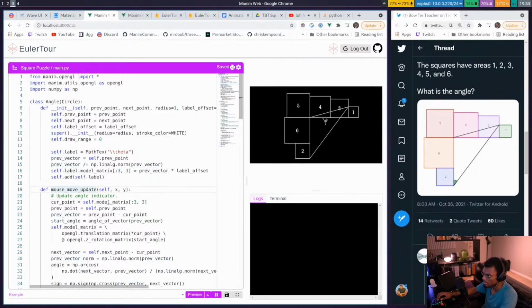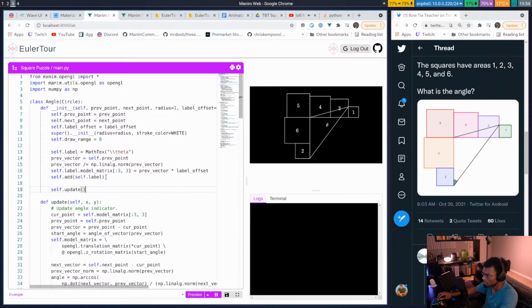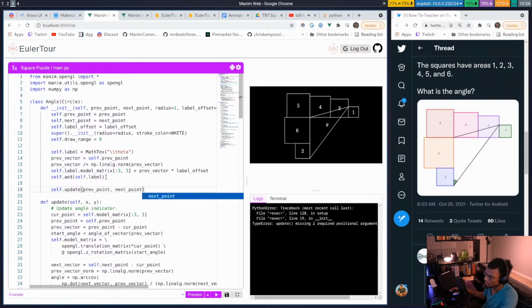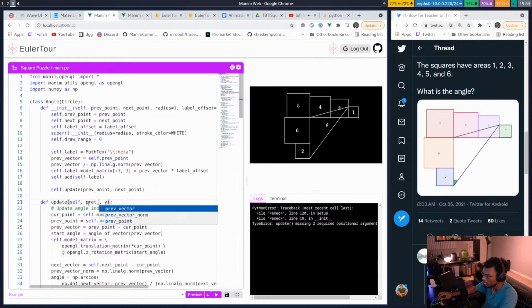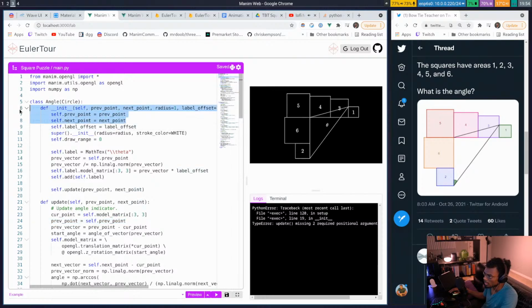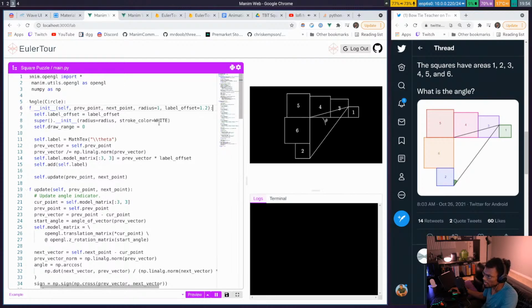So instead I'll just call this update. And here I'll call self.update. Pre-point and next point, and that's what this should be taking. It shouldn't have to save these, really, since they should be variable.